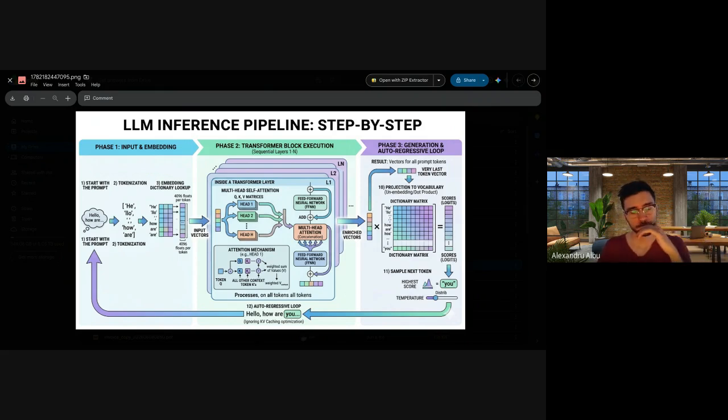And the first part is, as I mentioned, we want to move the vector of the token closer to its meaning in the context that we provided.